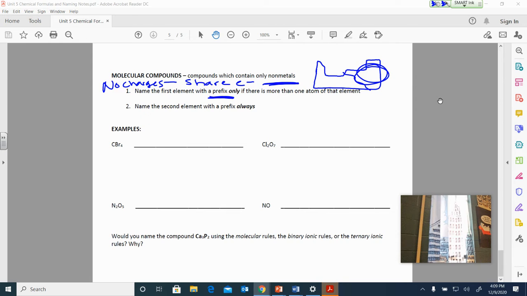Those di, tri, deca, hepta, nona, those things have to be used to tell us how many are in the compound, because it's not like an ionic where there's a fixed number because the charge is swapped. They can share in all kinds of ways. So sometimes they might share with one, sometimes with two, sometimes with three. So the only way to know how many they're sharing with is to have it named correctly with the right prefix.